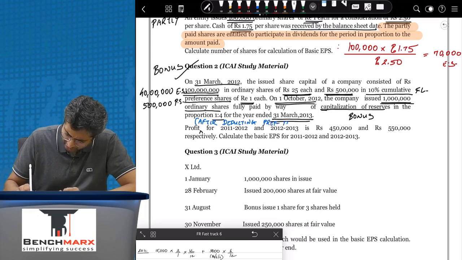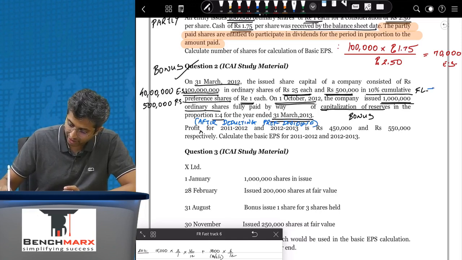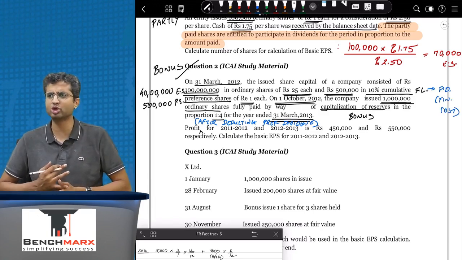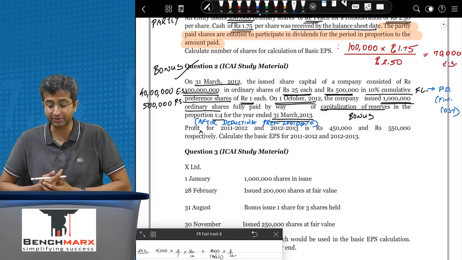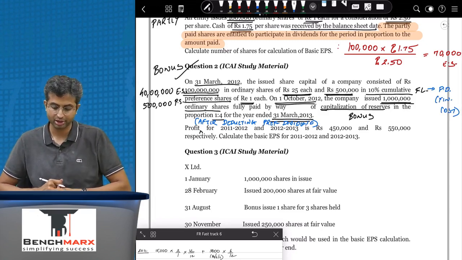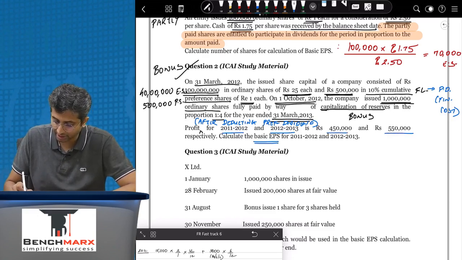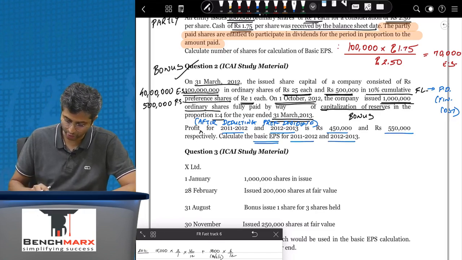Sir, earlier it was not given, we used to assume. Yes, because preference dividend is a financial liability, and if it is a financial liability, the preference dividend over here is a finance cost. It is not an appropriation, and hence when the word net profit is given, it is always after deducting finance cost, and hence preference dividend must have already been deducted. But better to clarify. So this is after deducting preference dividend for the year 11-12 and 12-13 is 4,50,000 and 5,50,000 respectively. Calculate the basic EPS for the year 11-12 and the year 12-13.